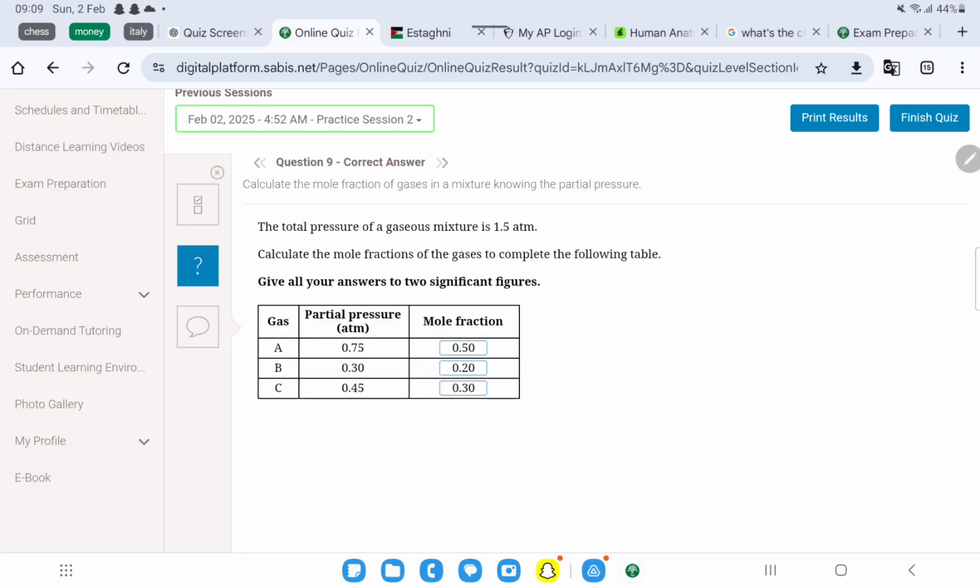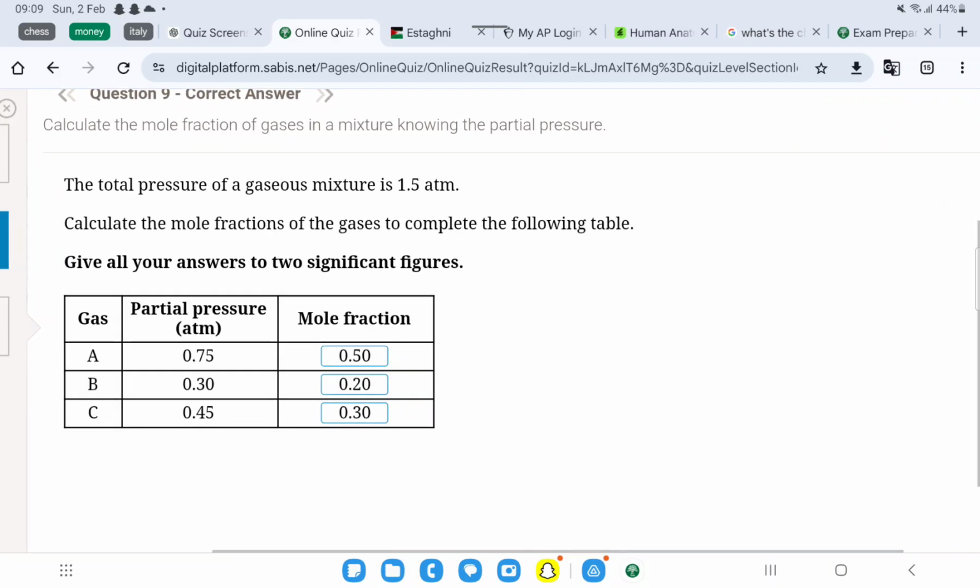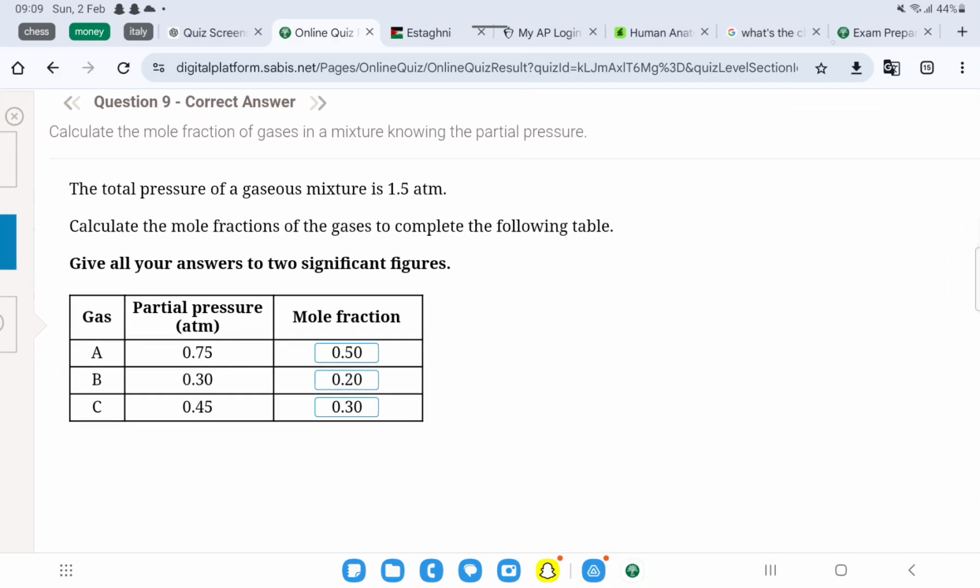The total pressure of a gaseous mixture is 1.5 atm. Calculate the mole fraction of gases to complete the following table. So now we have the mole fraction X equals P gas over P total. They gave us that the P total is 1.5, and they gave us the partial pressures.